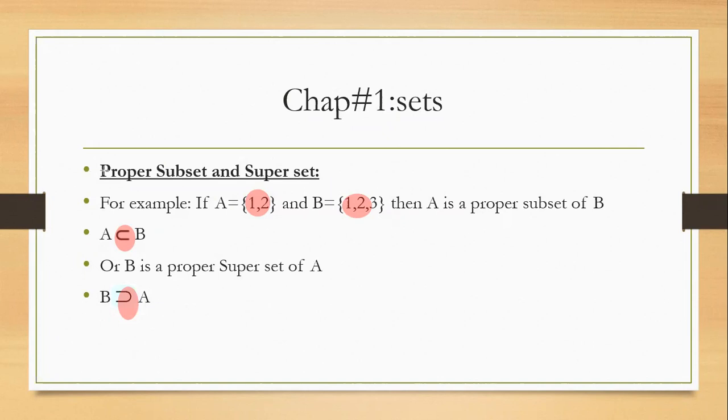Now, let's come to the definition of proper subset. Set A is a proper subset of set B if every element of A is also an element of B, but B has at least one element which is not an element of A. Here you can see that B contains one element which is not an element of set A. That means A is a proper subset of B, and B is a proper superset of A. The main point to be remembered by you is that the null set is a proper subset of every set.